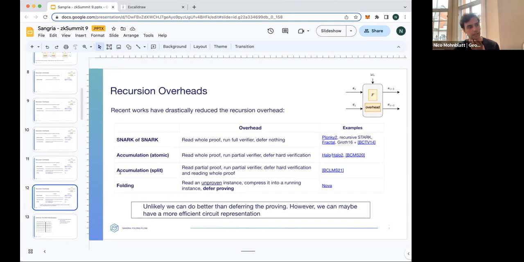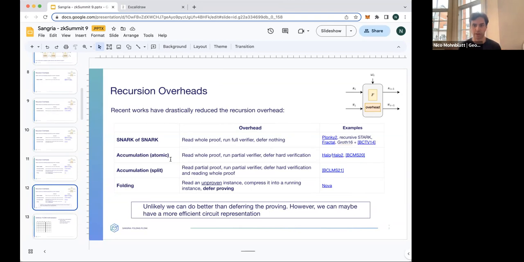And within split accumulation, you sort of have the freedom to say, oh, my accumulator is actually zero knowledge with respect to the predicates I'm trying to prove. So here in our case, what we call an accumulator is the same thing as the predicate we're trying to prove.